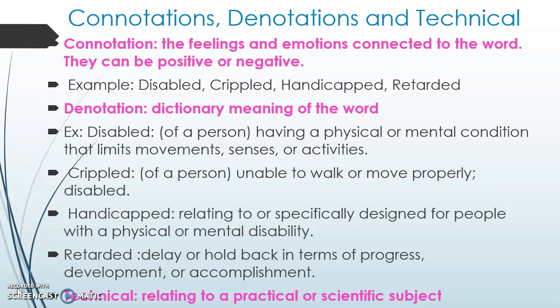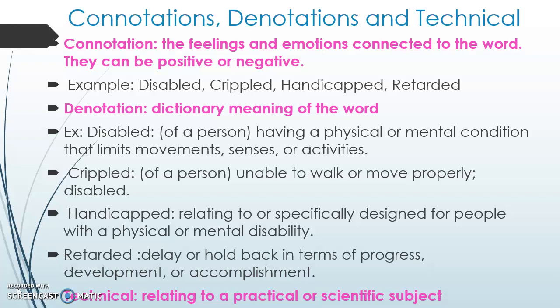So the denotation is the dictionary meaning of the word. So disabled is a person having a physical or mental condition that limits movement, limits senses or activities. Cripple, unable to walk or move properly. Disabled, what does that mean? Having limitations. Handicap, relating to or specifically designed for people with a physical or mental disability.